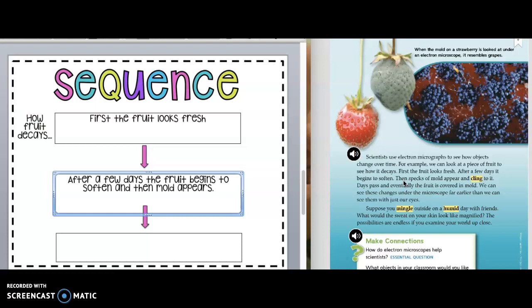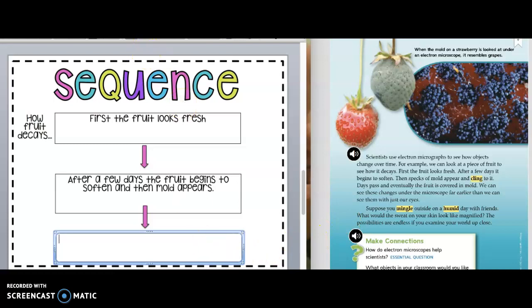So first, the fruit looks fresh. After a few days, the fruit begins to soften, and then mold appears. And let's go back to our text and see what happens last. Days pass, and eventually the fruit is covered in mold.